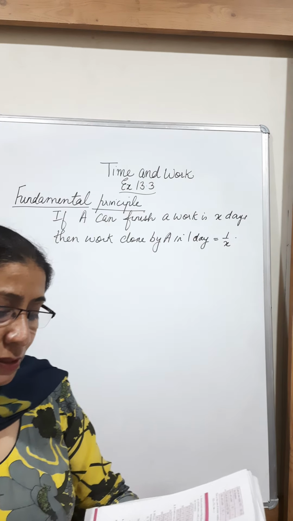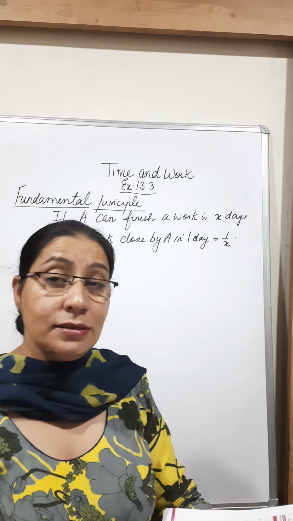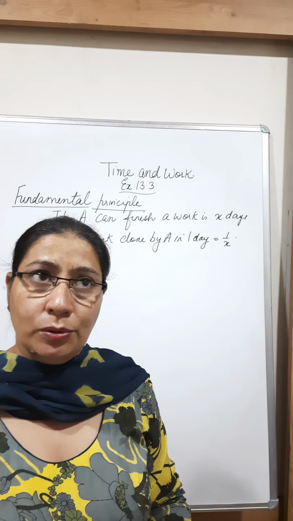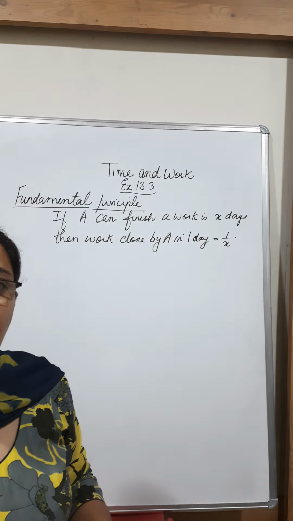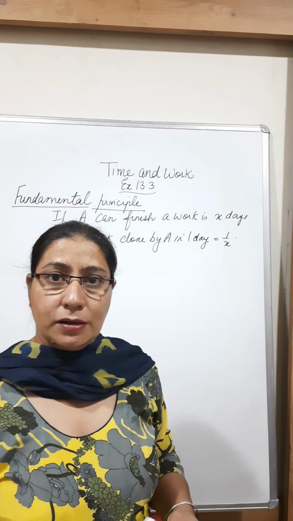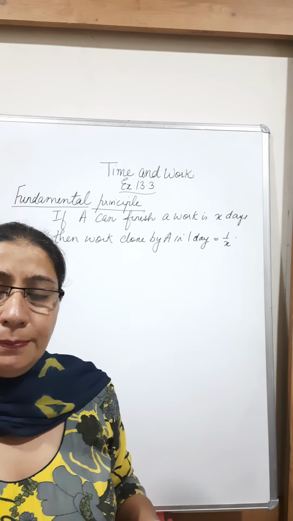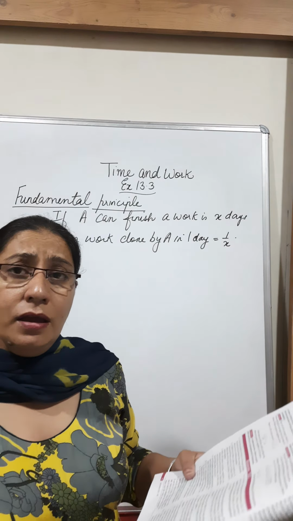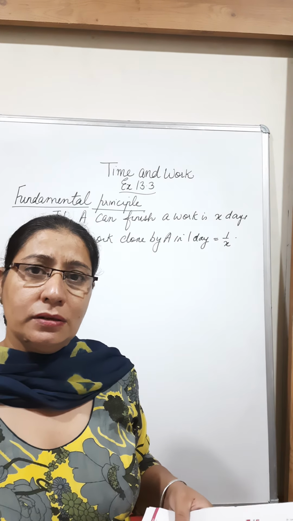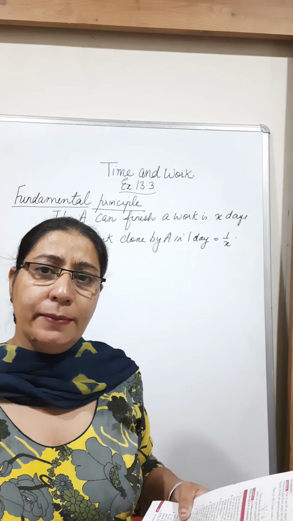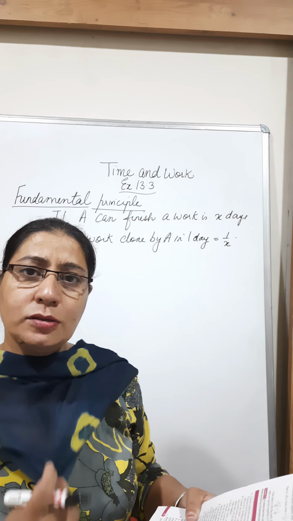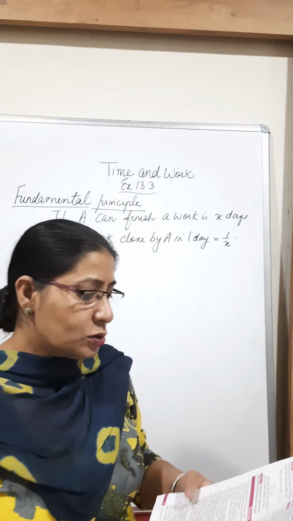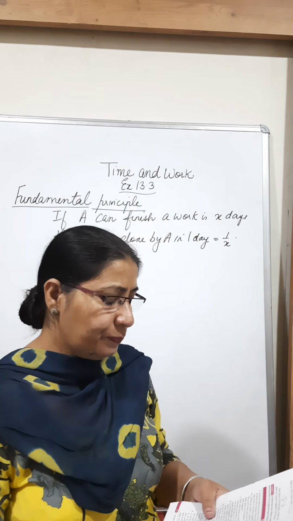Based on this principle, we will be solving this exercise. And secondly, you also know that if one person is completing a work in some particular time, and if two persons work together, then definitely the time taken to finish that work is always less. So let me start with the first sum.